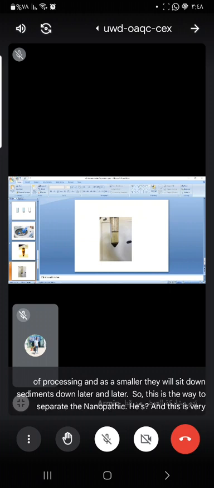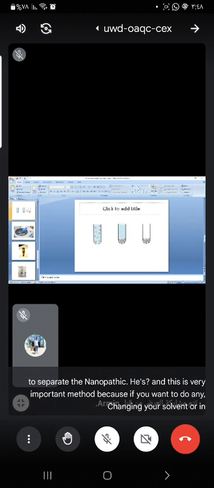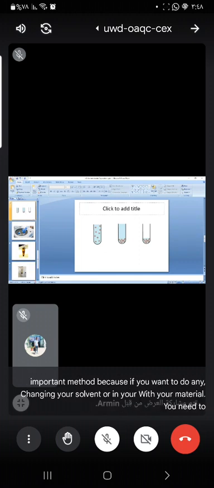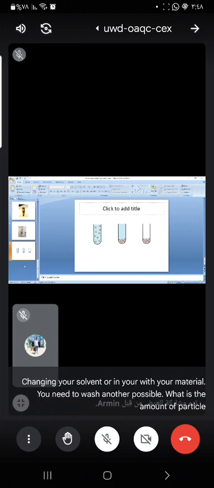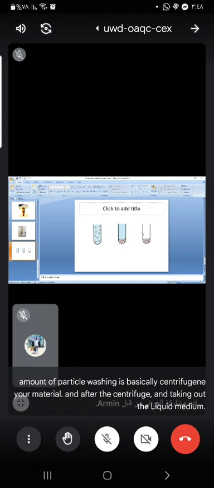And this is a very important method, because if you want to make any change in your solvent or with your material, you need to wash the nanoparticles. What is nanoparticle washing? It is basically centrifuging your material, and after the centrifugation, taking out the liquid medium, you can put in the new solvent.